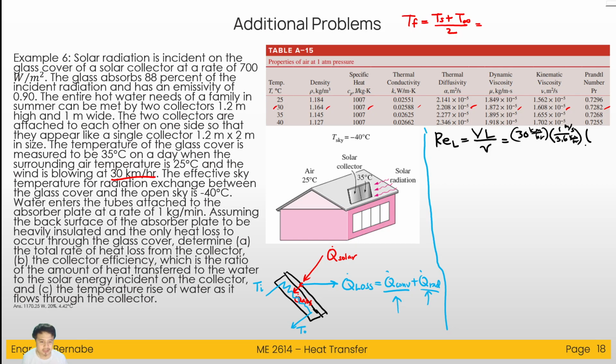And then multiply this by the length of the solar collector. Which length should we use? Should it be this direction, or this direction? The air is blowing at 30 kilometers per hour.